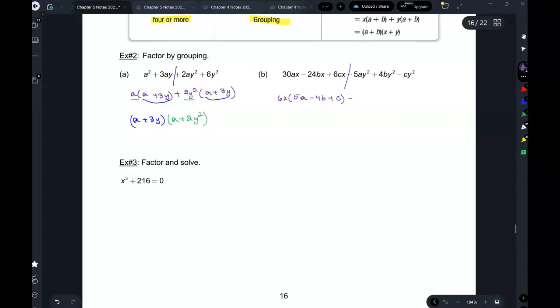How about a minus y squared? So I get 5a minus 4b plus c. Oh boy, look at that. They're both the same. So I write these here. Right? And then what do I have left? Correct. Does that factor anymore? No.